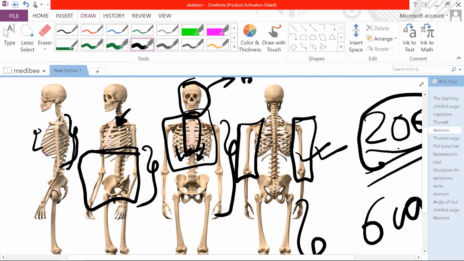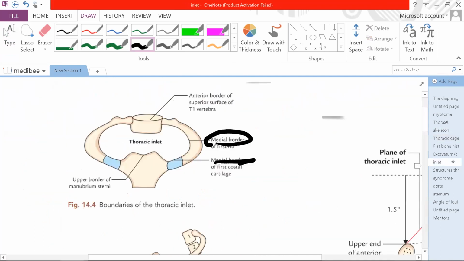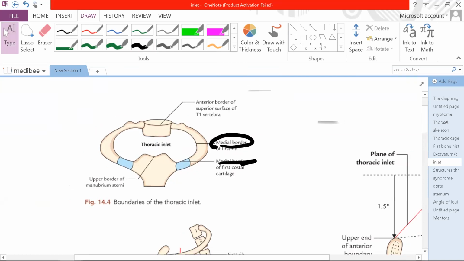For example, in this bone this will be the medial border and this will be the lateral border. Here the inlet border is medial because it is near the body. So the boundaries are the medial border of the first costal cartilage and the medial border of the first rib. This is the boundary of the thoracic inlet, that is, how structures enter the thorax.